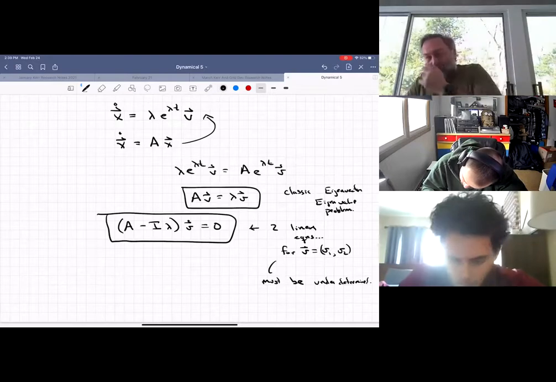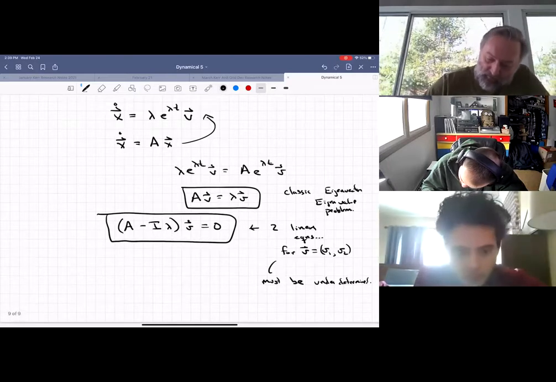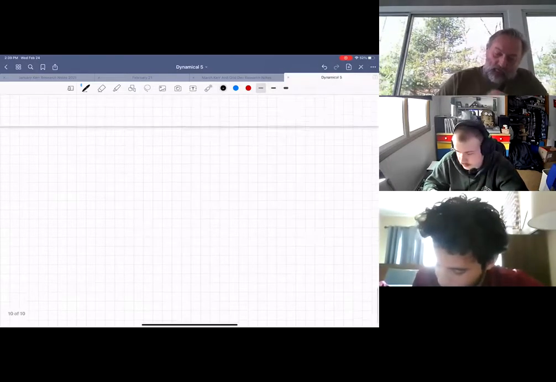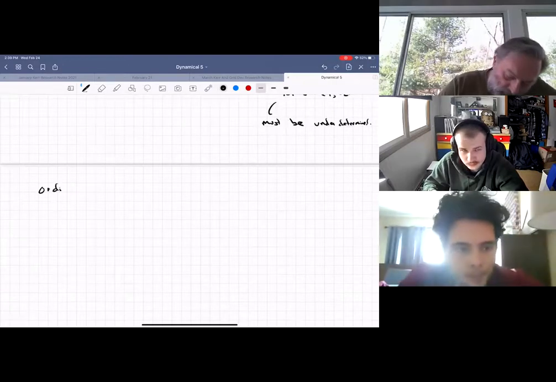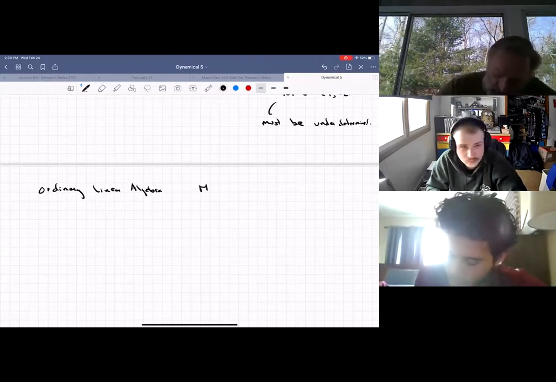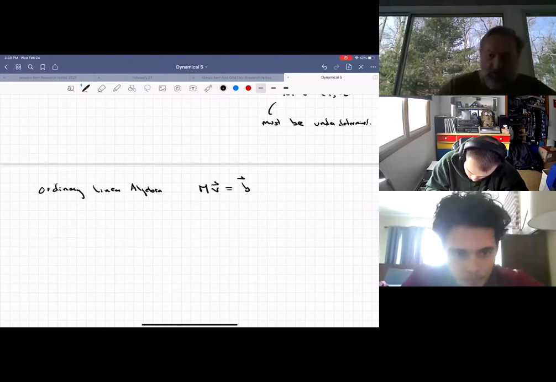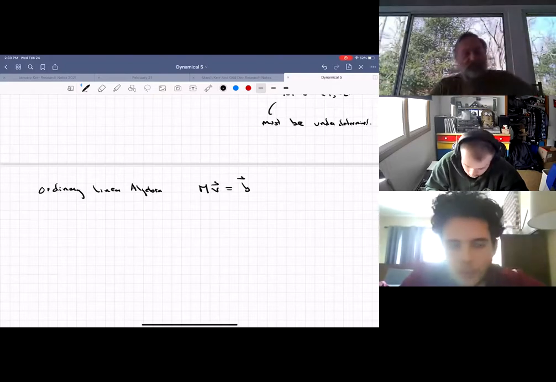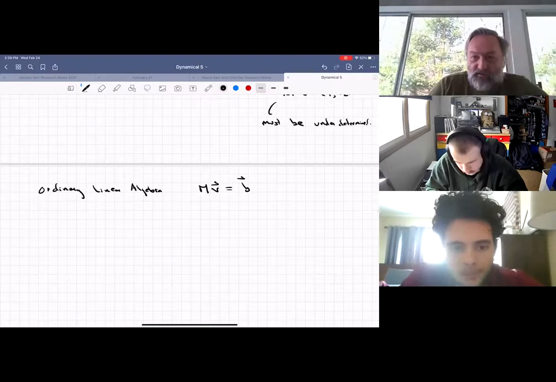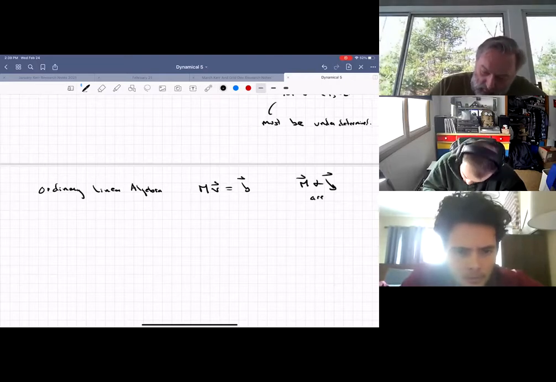Let's back up for a second. In ordinary old linear algebra, the goal is to solve M times v is equal to b, where M is some matrix and v is a vector that you're trying to find. M and b are known.